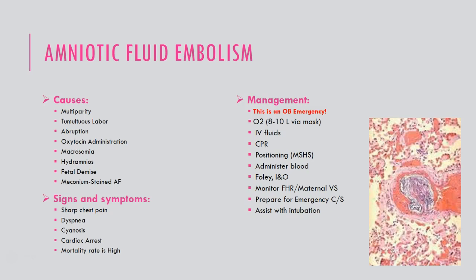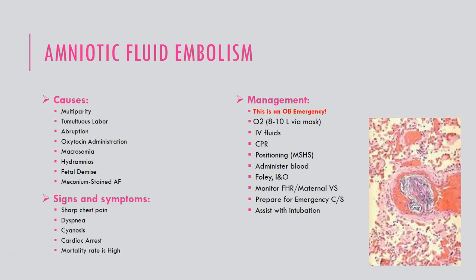The patient is going to complain of a sharp pain in their chest. They'll start becoming dyspneic. You'll start to see cyanosis, and cardiac arrest will ensue if we can't get a handle on things very fast. The mortality rate for amniotic fluid embolisms is very high because it happens so fast.